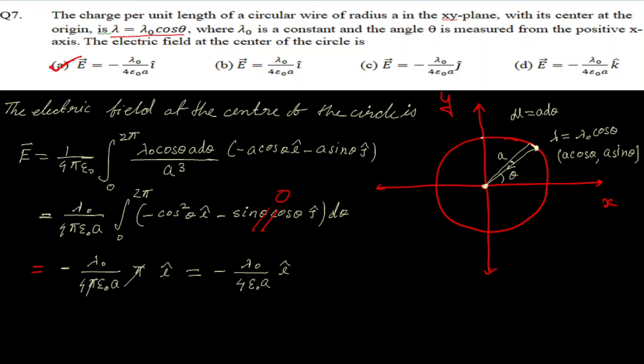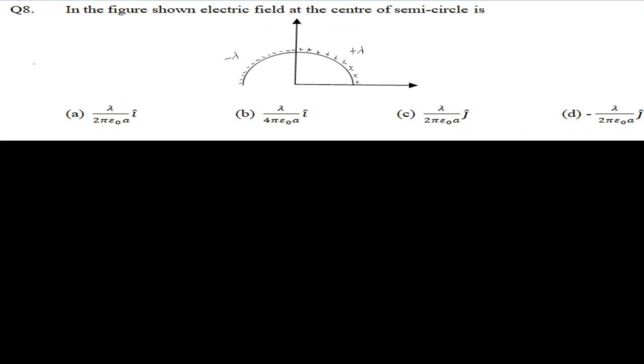Okay, good. And take a look at question number 8. So what is written in question number 8? In the figure shown, the electric field at the center of the semicircle is.